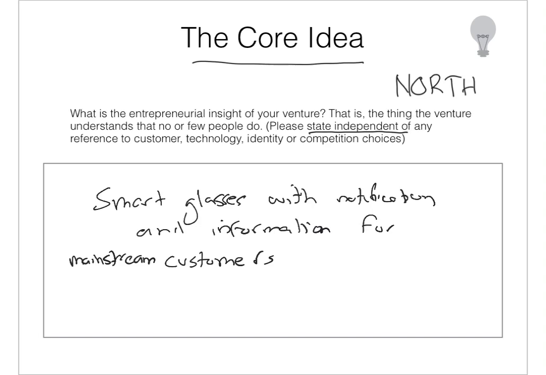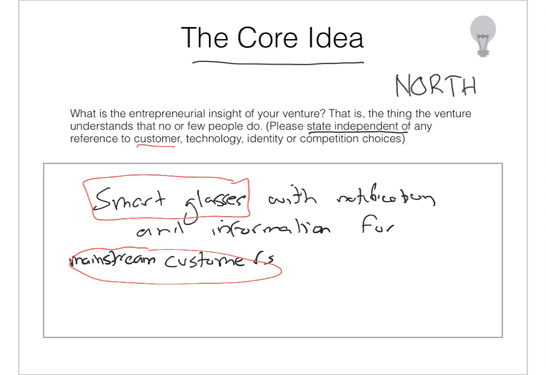I mean, obviously I've stuck in here the mainstream customers. And that's a customer choice. That's a no-no. I've suggested that they've got smart glasses. That's not as big an issue, but the notifications and the information, well, maybe they are a little bit of technology choices. These are the sorts of things where you're taking the strategy choices that you see there and you're putting them into this entire apparatus.